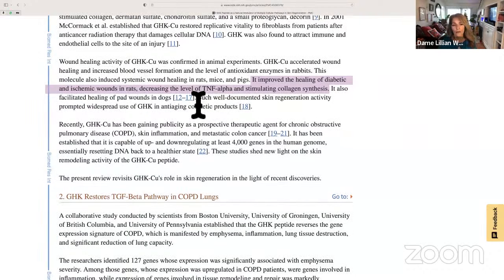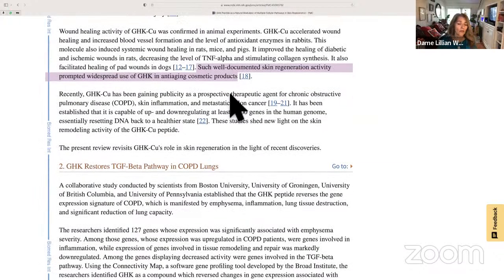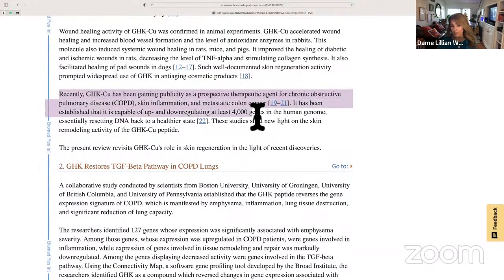It says here, such well-documented skin regeneration activity ignited widespread use of GHK in anti-aging cosmetic products. It goes on to talk about how recently GHK-Cu has been gaining publicity as a prospective therapeutic agent for chronic obstructive pulmonary disease, which we talked about earlier, COPD, skin inflammation, and metastatic colon cancer.